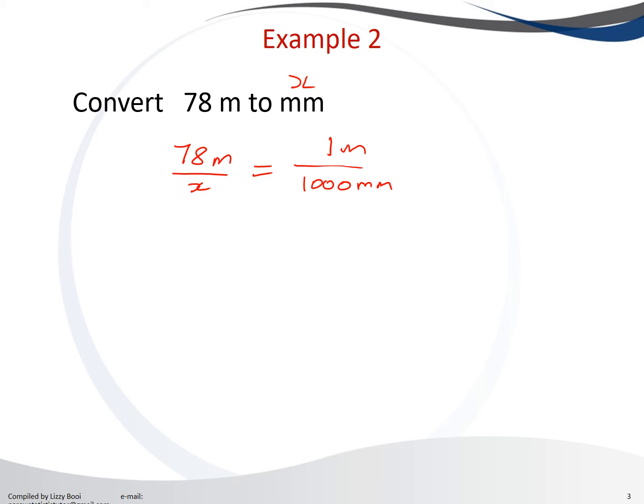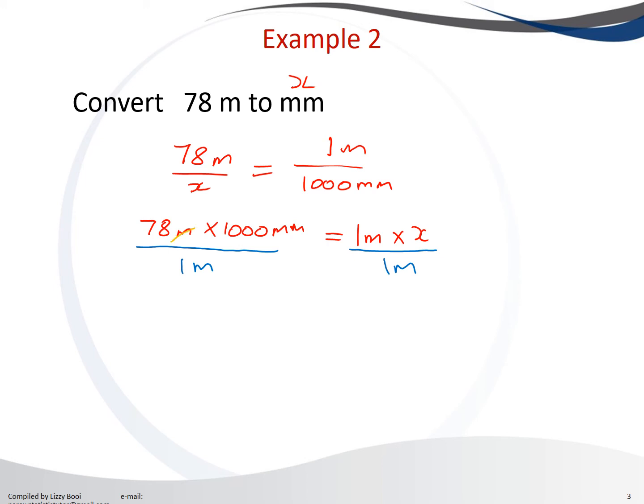And we're going to crisscross: 78 meters times 1,000 millimeters equals 1 meter times x. And we do the same. We divide both sides by 1 meter.